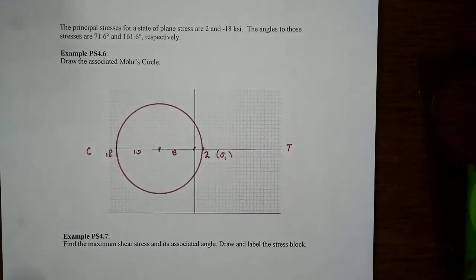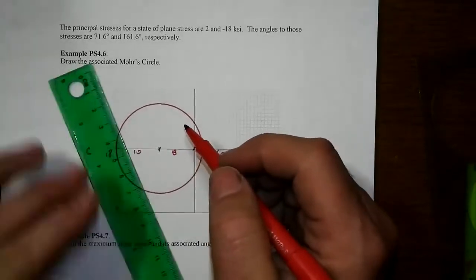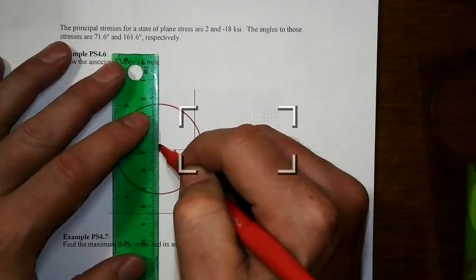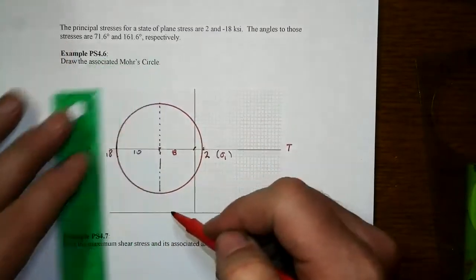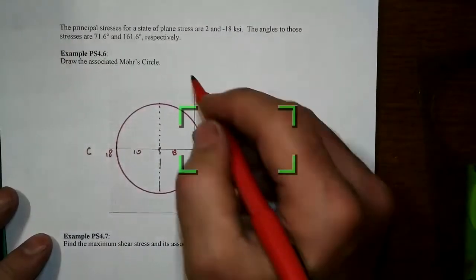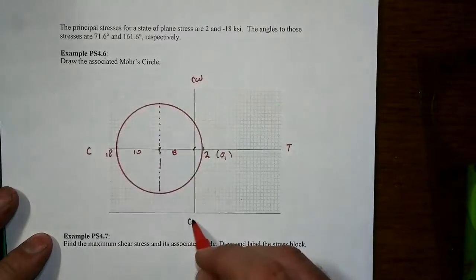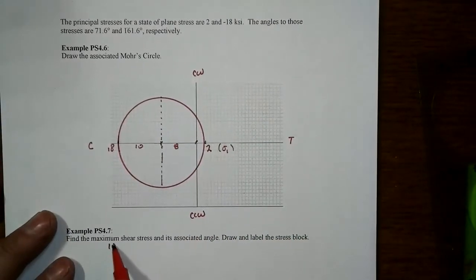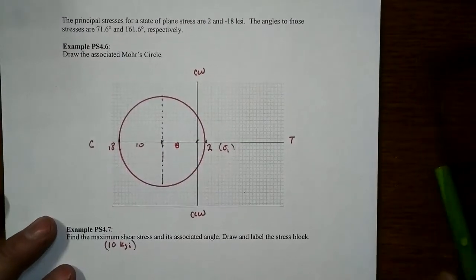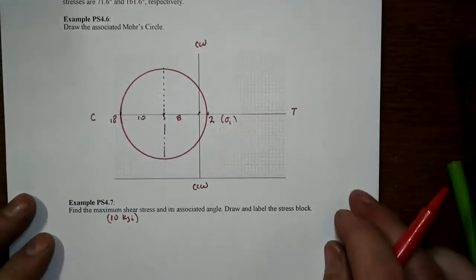All right, so that gives us the basic circle, and it also tells us the radius, which tells us that right there are the maximum shear stresses, clockwise and counterclockwise. So we already know the maximum shear stress is 10 KSI, plus or minus; you care about the sign of it.